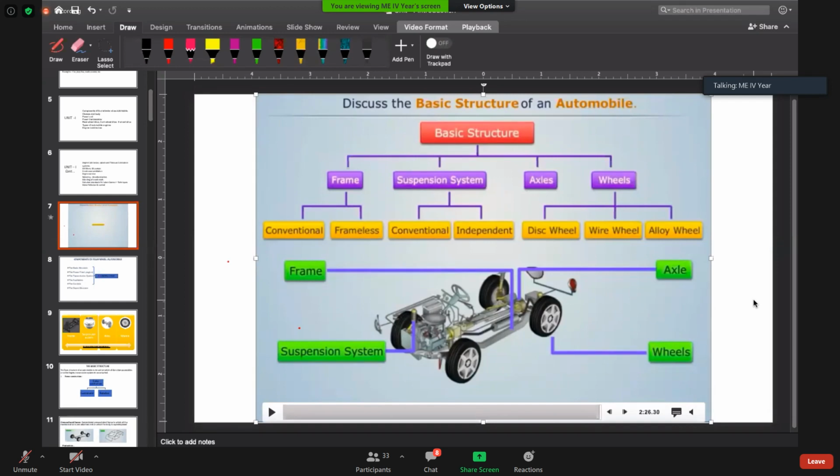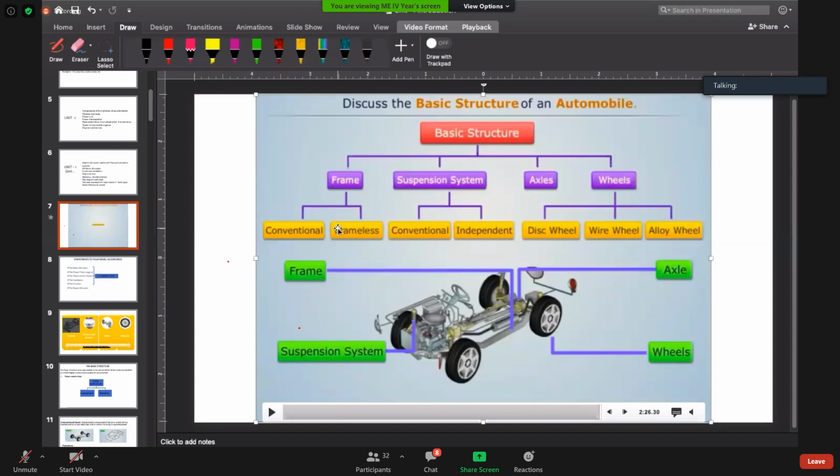Regarding frames, would you like to add some points? The conventional steel frame is prepared, and all the mechanical units are attached on it. We have two types of frames here, as you can see in the figure: conventional and frameless.